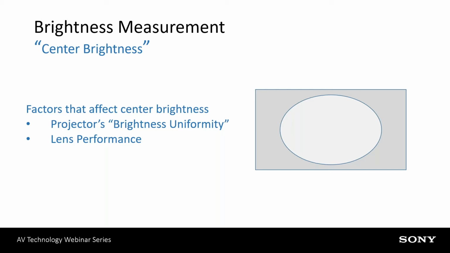Average brightness or ANSI brightness versus center brightness, one is not necessarily better than the other. One isn't trying to be misleading or anything else. It's just a different way to compare projectors. And especially if you're looking at a projector for a lecture hall that's doing PowerPoint and so forth, center brightness is probably a good comparison, honestly.